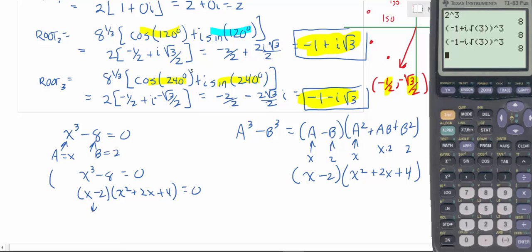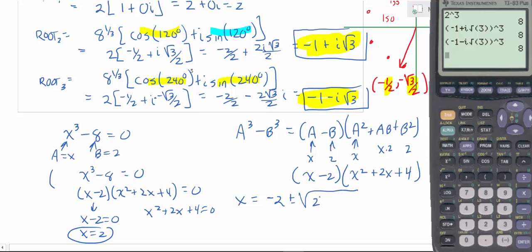And then what you'd end up having, of course, is x minus 2 equals 0, so that means x equals 2 as an answer. And then if you did x squared plus 2x plus 4 equals 0, you'd have to go to the quadratic formula. So if you went to the quadratic formula, you would have x equals negative b plus or minus the square root of b squared minus 4ac all over 2a. Of course, a is 1 in this problem.